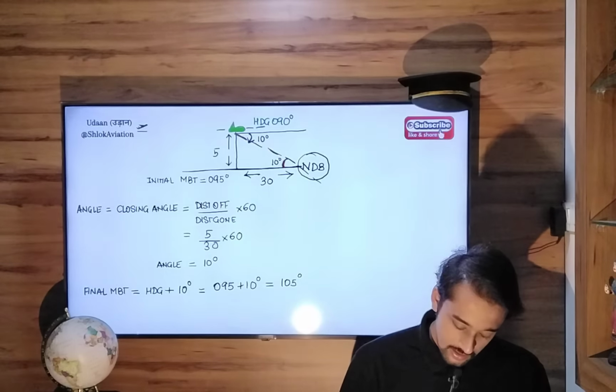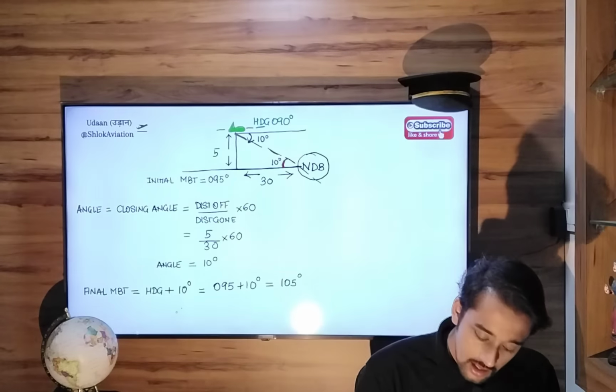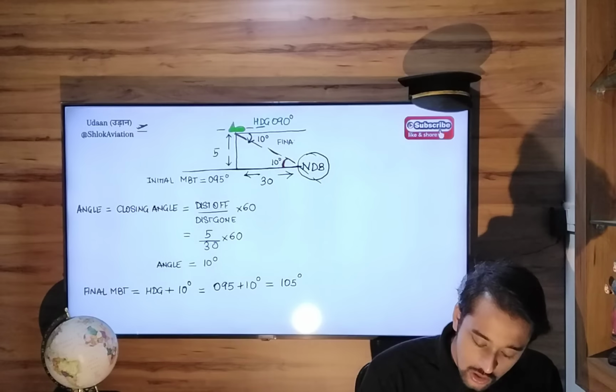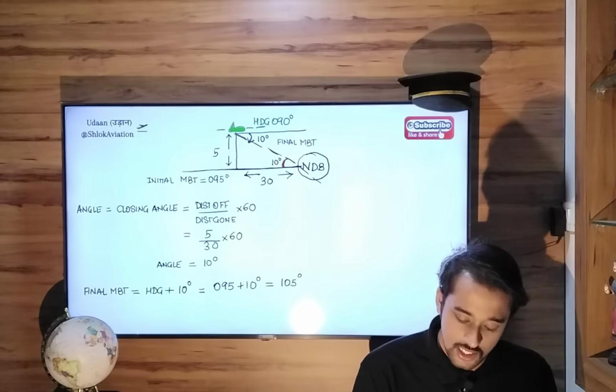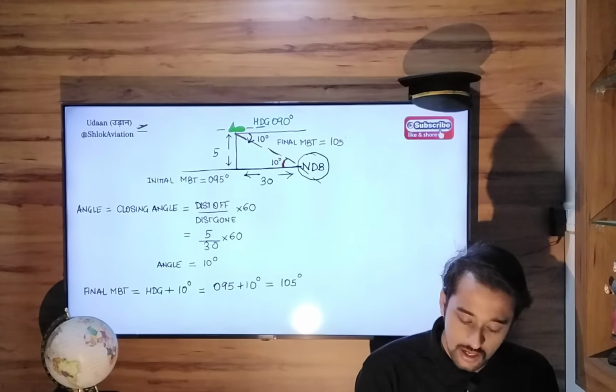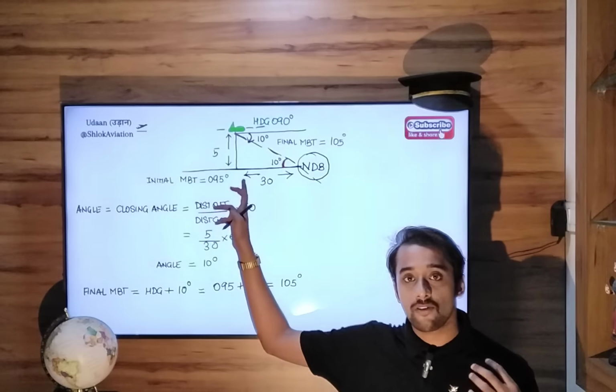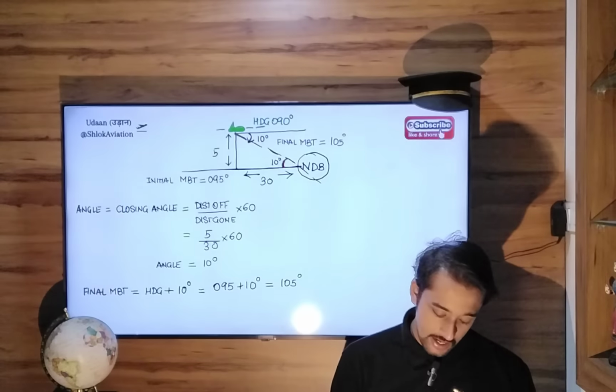So final magnetic bearing to the station or track towards the station is 105 degrees. Initial was 095, the new one is 105 degrees.